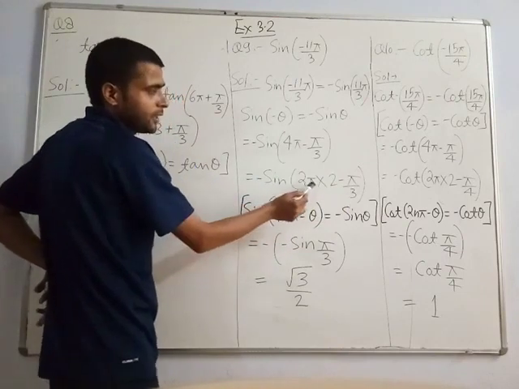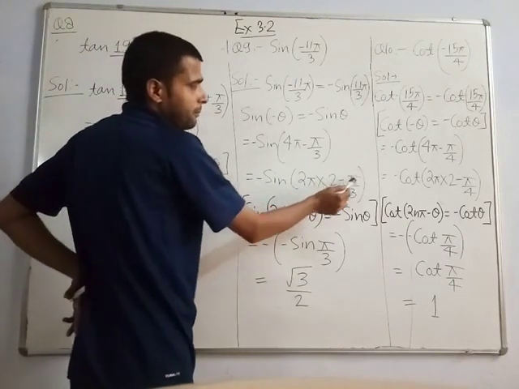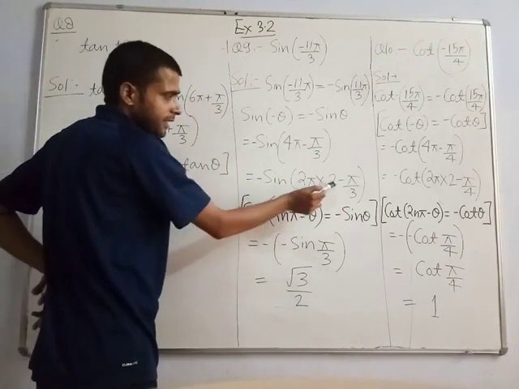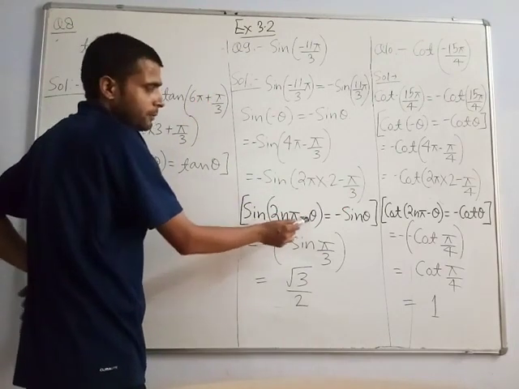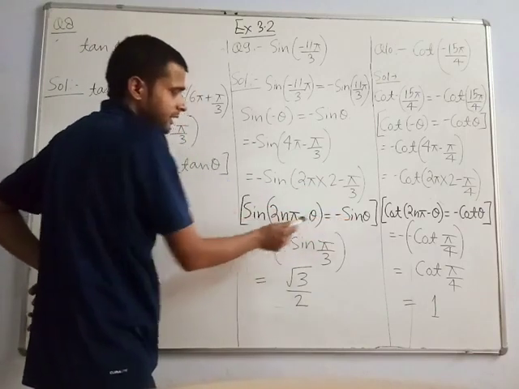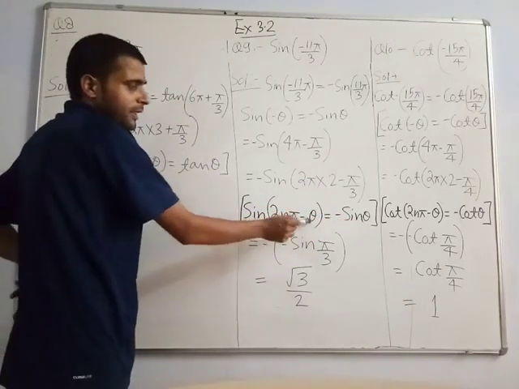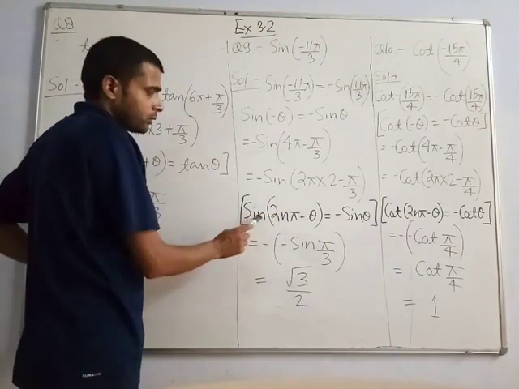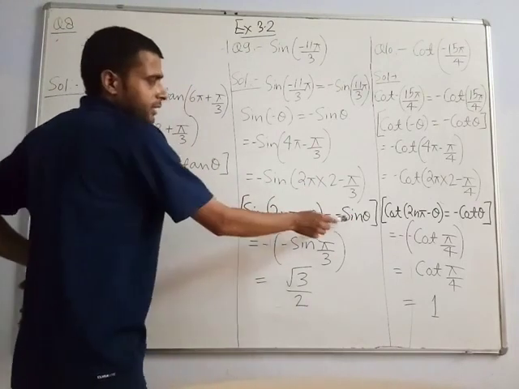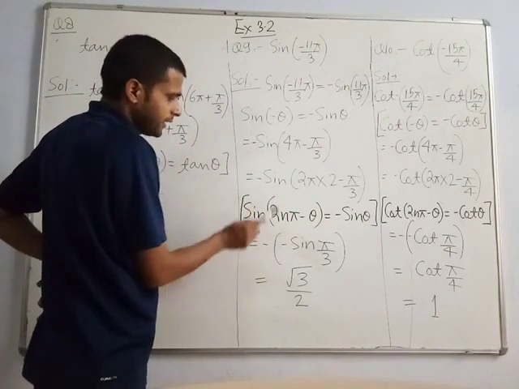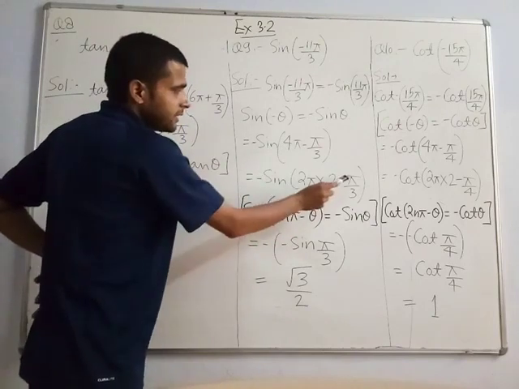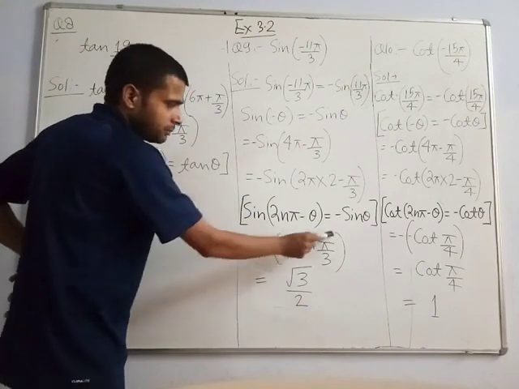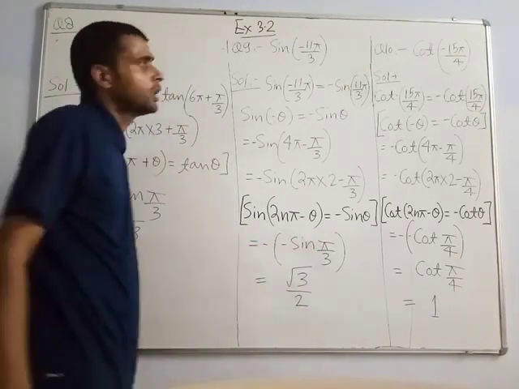So sin of 2n pi minus theta, where n is 1, 2, 3, 4; in this case n is 2. Sin of 2n pi minus theta equals minus sin theta, because it lies in the fourth quadrant, where sin is negative. So one negative sign is there, and sin of minus pi upon 3 gives minus times plus sin pi upon 3, which is root 3 upon 2.